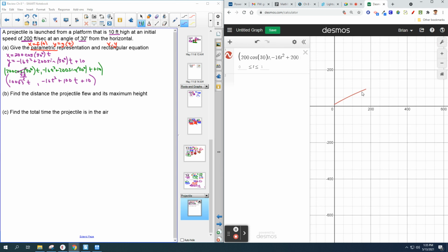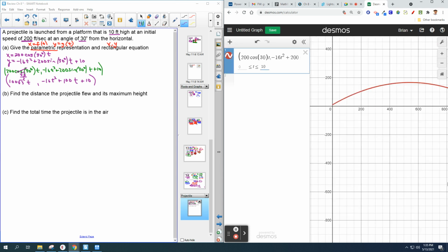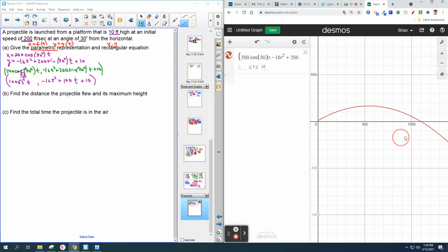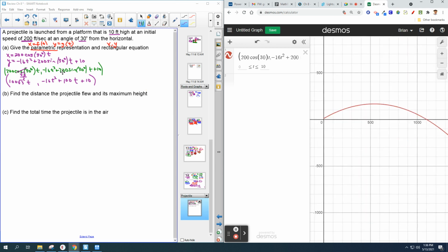If it's not quite enough of the parabola, that's because this t value is not big enough. I don't really know what t needs to be. Just make it big enough so that it crosses 0 and you can see where the thing hits the ground. Now, if we used this purple version, some people like the purple version better, with 100 square root of 3 t on it, and negative 16t squared.